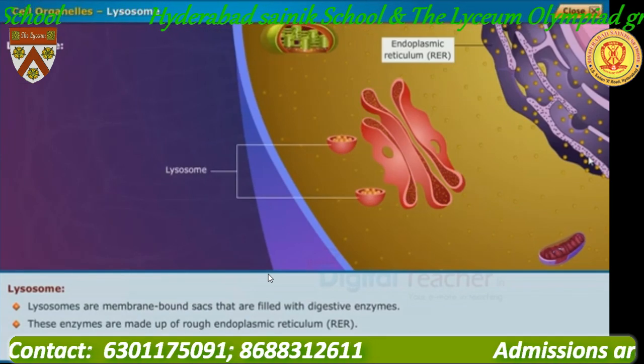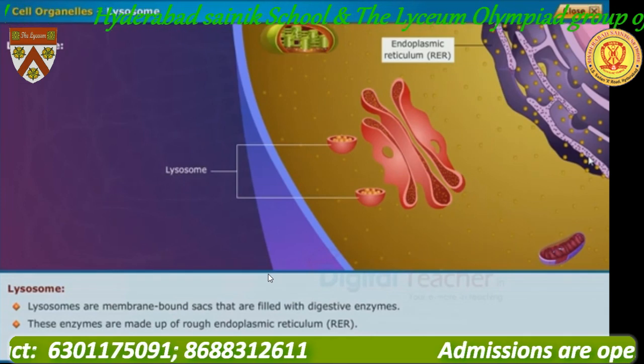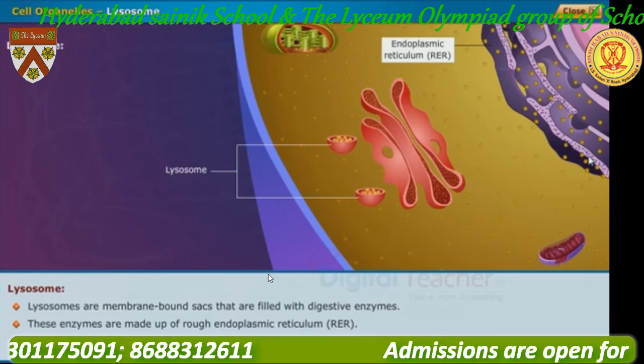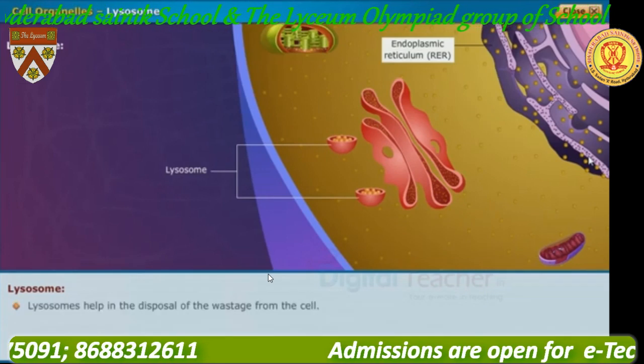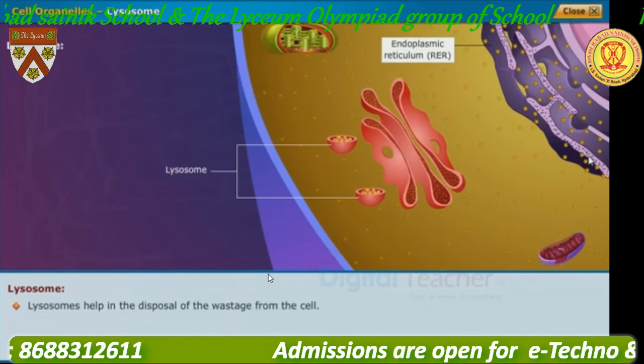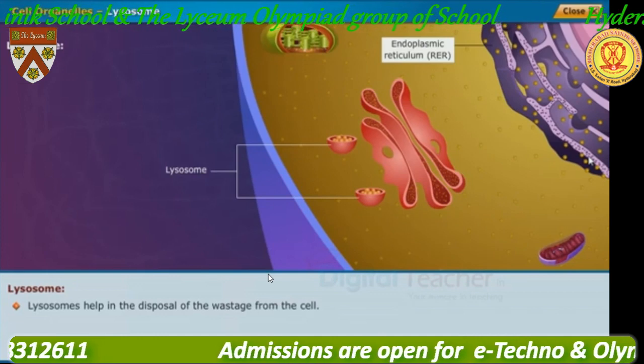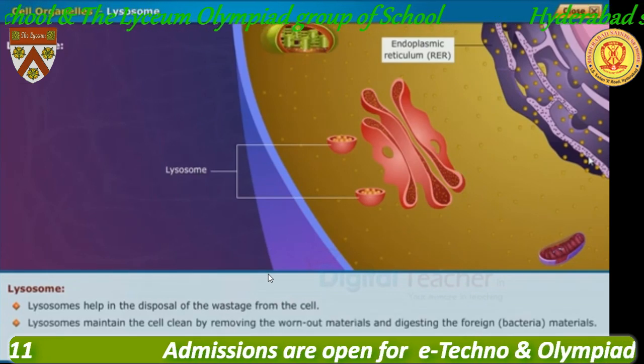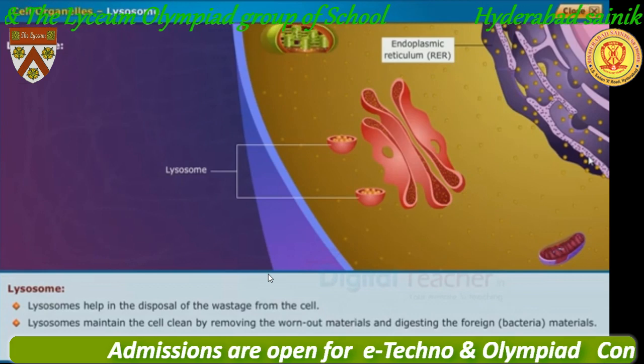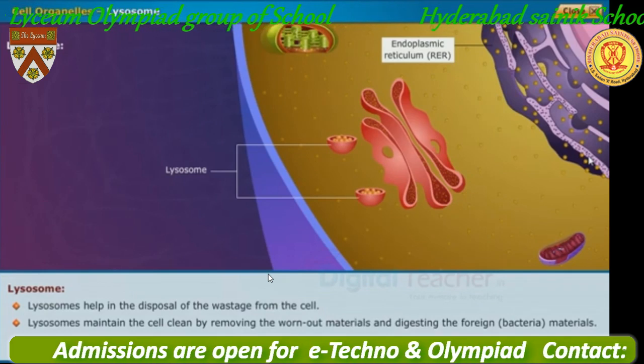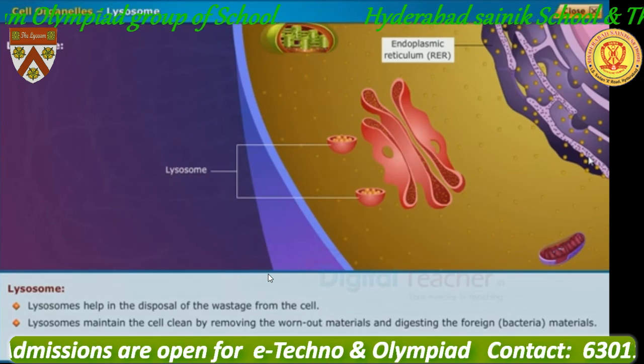Lysosomes have a resistant covering membrane that protects the cell from digestive enzymes. Lysosomes help in the disposal of the wastage from the cell. Lysosomes keep the cell clean by removing the worn-out materials and digesting the foreign or bacterial materials.